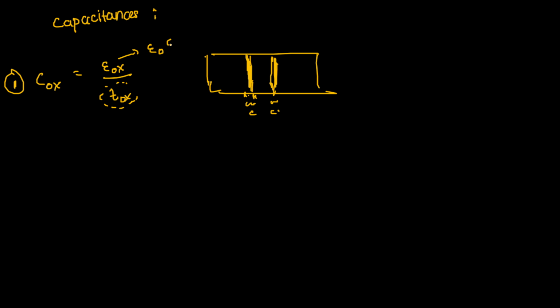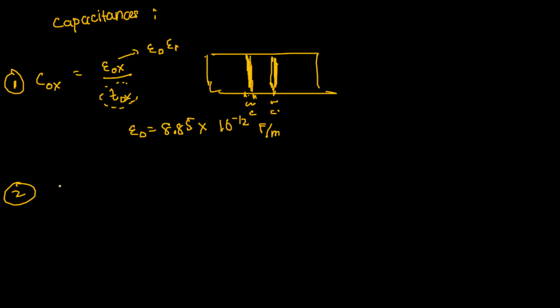So that is given by epsilon naught into epsilon R, where epsilon naught, which is the normal constant we use for permittivity, is 8.85 times 10 to the power minus 12 newtons per meter. So this is the first one.